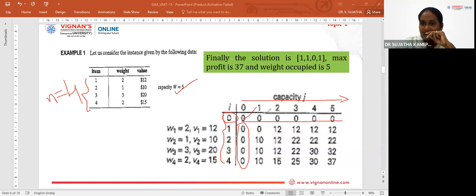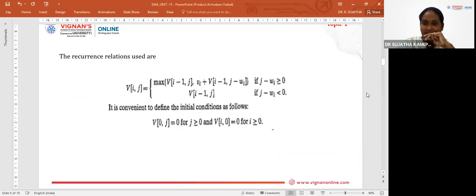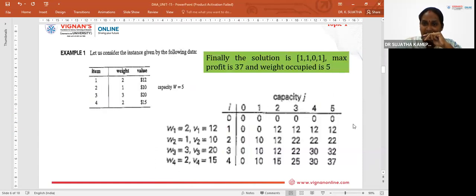So all these values are represented as zeros as the initial condition. That we already saw in the earlier problem, in our earlier slide, the initial condition: V of 0, j is 0 and V of i, 0 is 0. So that initial condition I represented here.